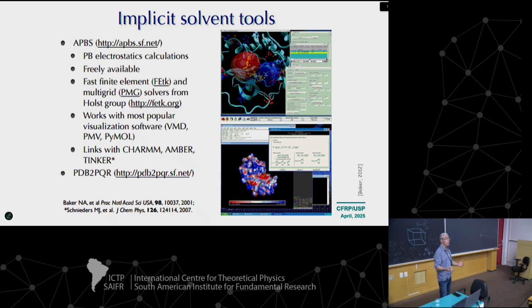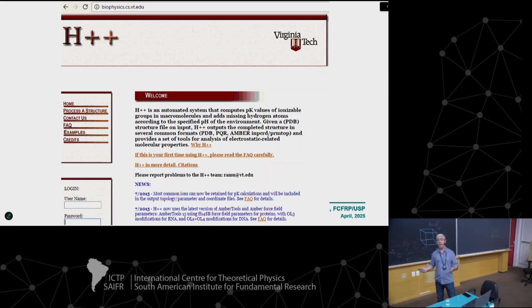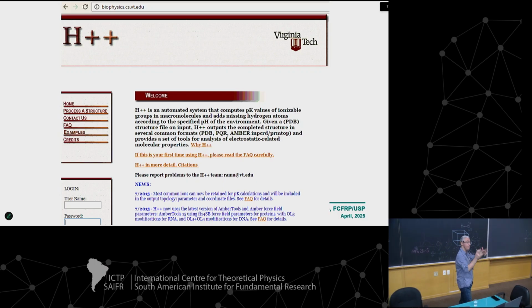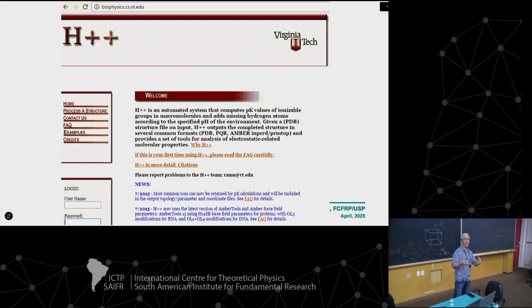But if you prefer to use other tools, there is also APBS. It's probably the most common for people that are familiar with PyMOL, for instance. Or if you'd like to go online, you can use H++. In this case, you can upload your protein coordinates, like the PDB file, and you get lots of electrostatic properties, including the pKa's that I was talking about. All these are for free.